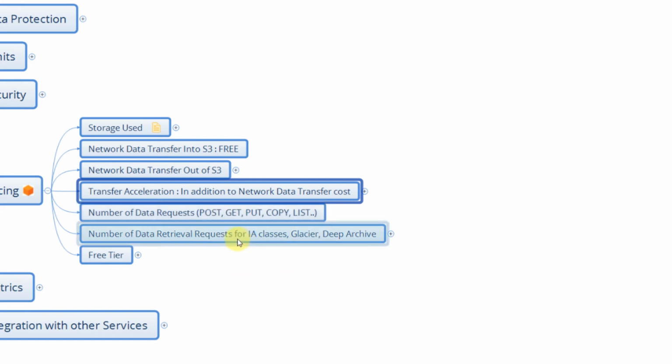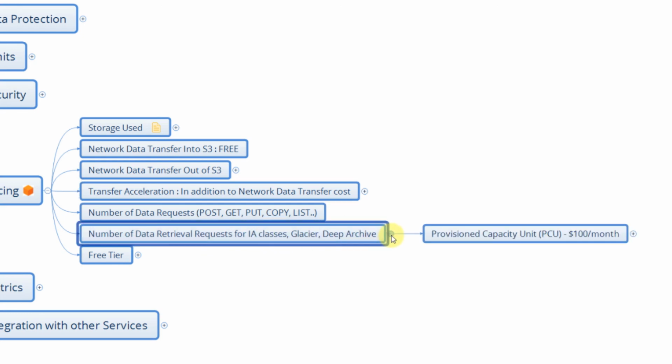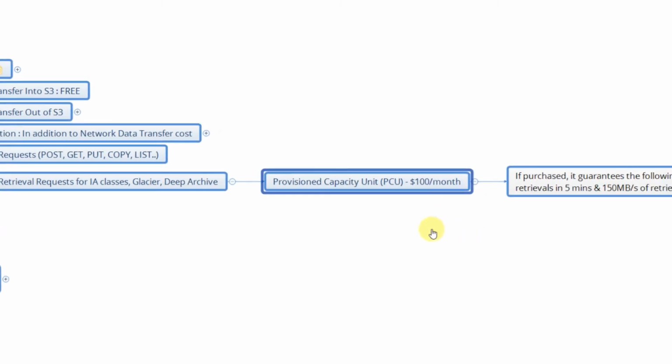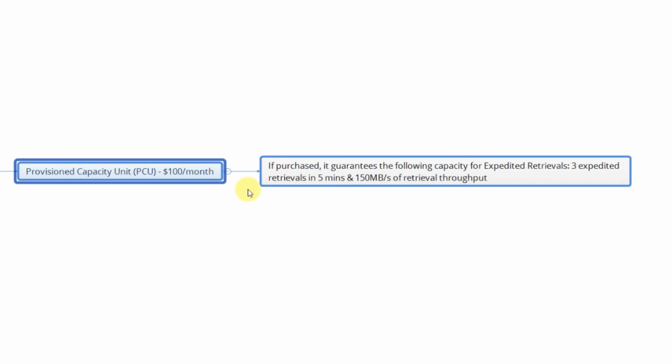In addition, the number of data retrieval requests for certain classes, the infrequently accessed, Glacier, and Deep Archive, is also chargeable. Now, one can purchase a provisioned capacity unit, which is $100 per month for one unit, and one unit guarantees 3 expedited retrievals in 5 minutes and 150 megabytes per second of retrieval throughput.